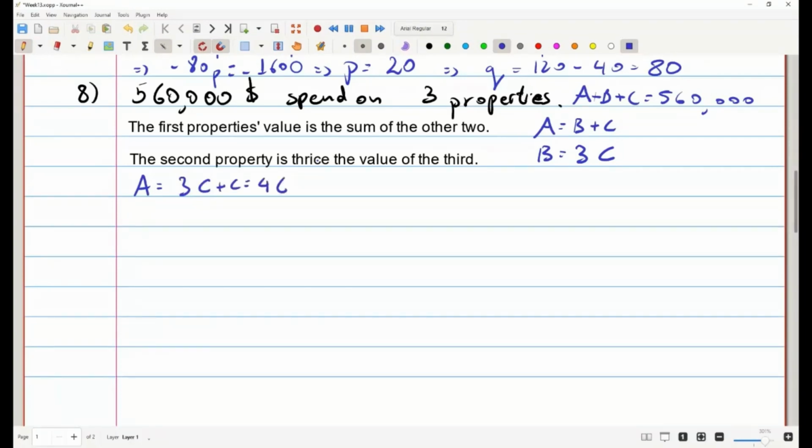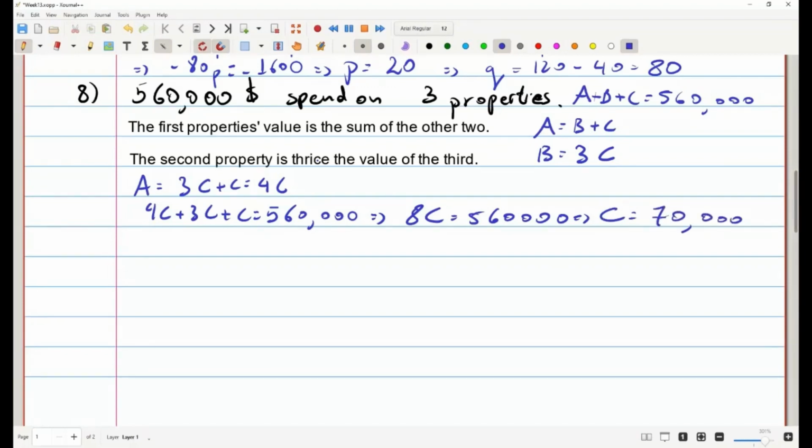Now that I have both A and B in terms of C, I can plug them into the first equation and have A plus B plus C be 4C plus 3C plus C is equal to 560,000, which gives us that 8C is 560,000, which in turn gives us that C is equal to 70,000.